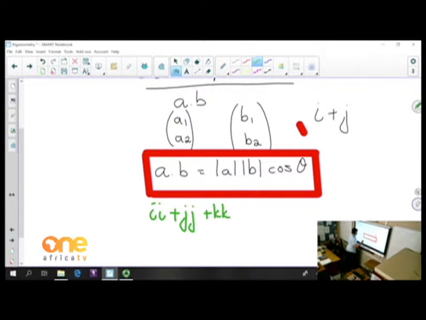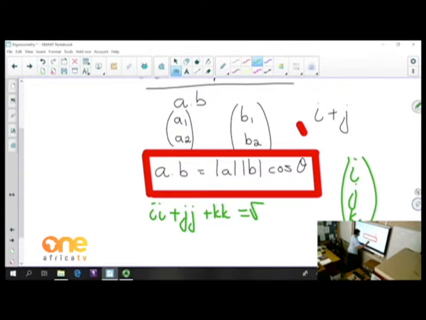This is in 3 dimensions. I'll show you just now the meaning of this. So that means now you actually have I, J, and K. There's your column vector. So it works in 2 dimensions, but it's also going to work in 3 dimensions. We're going to do it in the 3 dimensions right from the start.